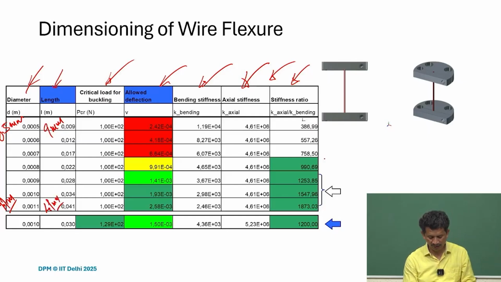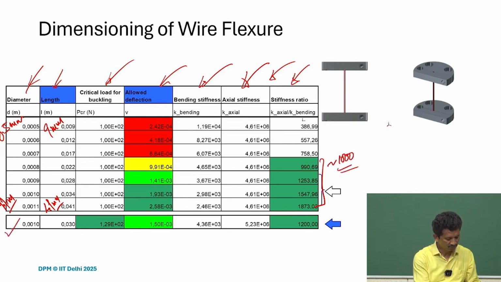And when we see that this is some comfortable number, we are approaching towards a higher number, towards 1000. So among this, we thought to just select 1 mm diameter and L as 30 millimeter here.